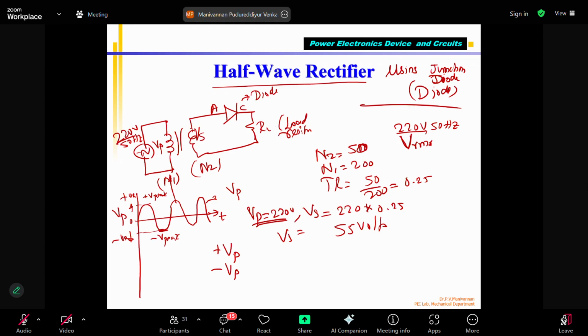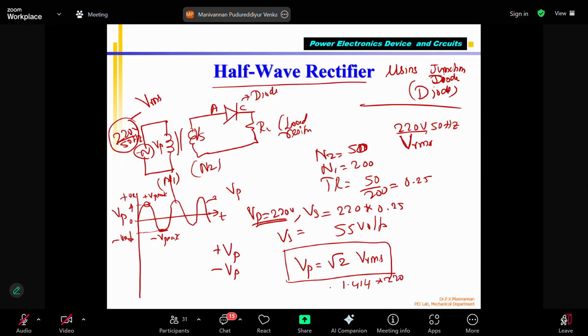Now, there is a relationship: VP equals root 2 times VRMS, note it down. Whenever in India somebody says 220 volts, it is VRMS. This value is called the peak value, correct? Peak value can be found using root 2, which is approximately 1.414, multiplied by 220, whether positive or negative.